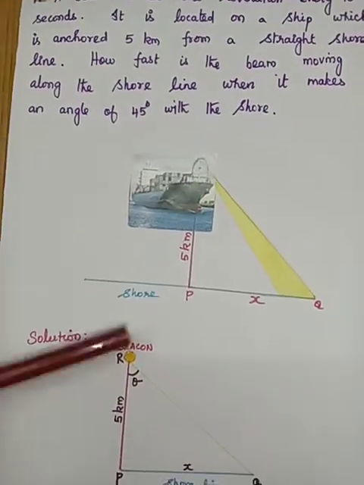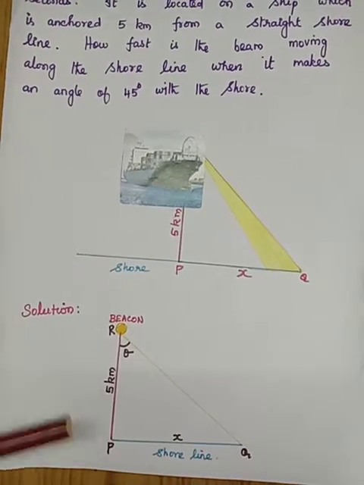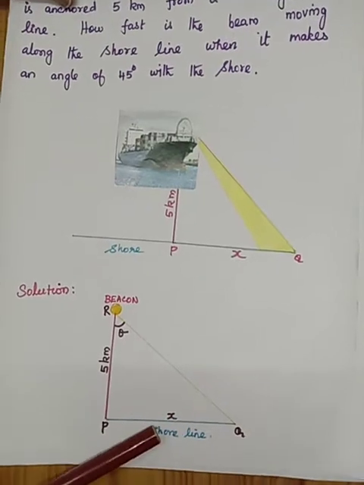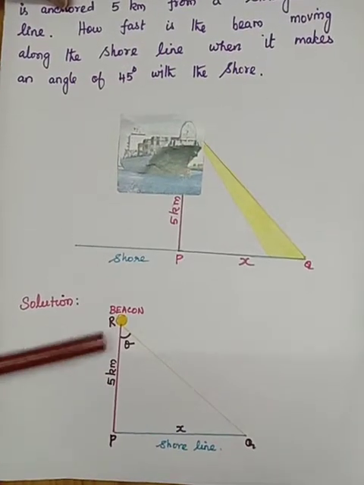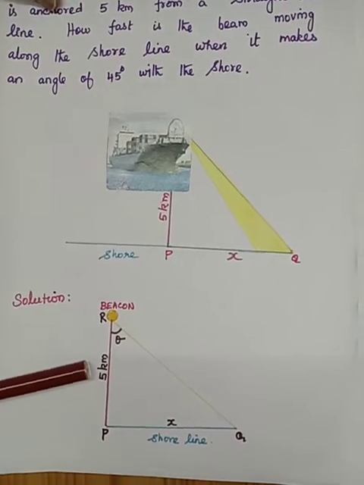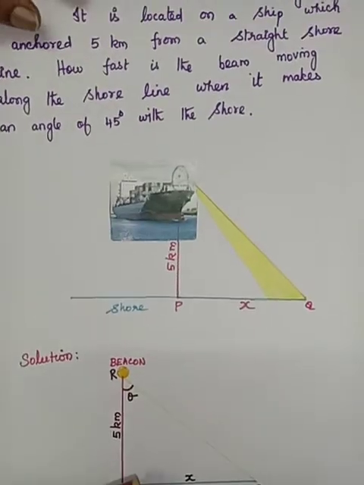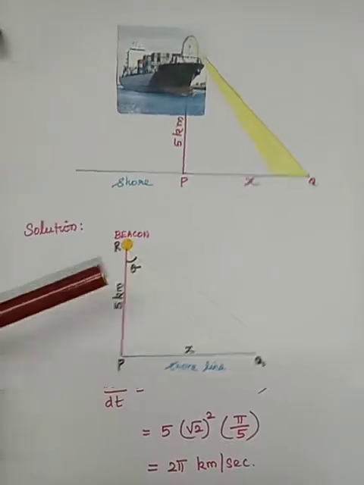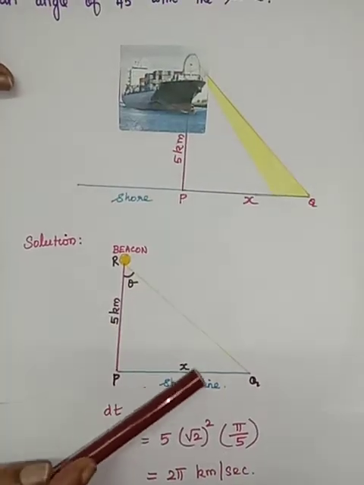So you will get a right angle triangle. So see now here we'll take PQ as x. It is given that PR is equal to 5 kilometer. So from this triangle, first you are going to find out tan theta. If you find tan theta, we can find the value of x.